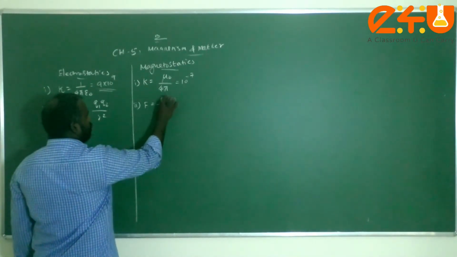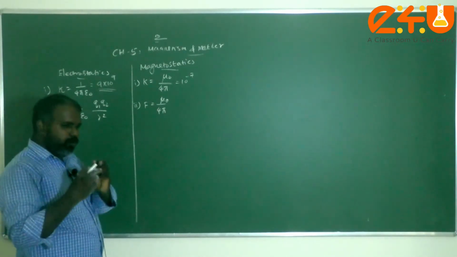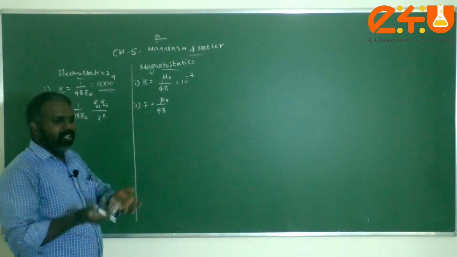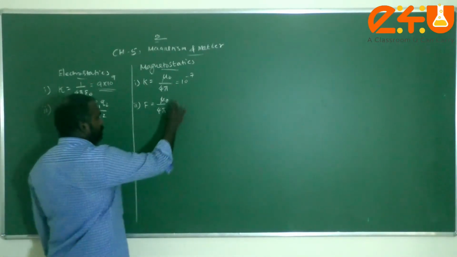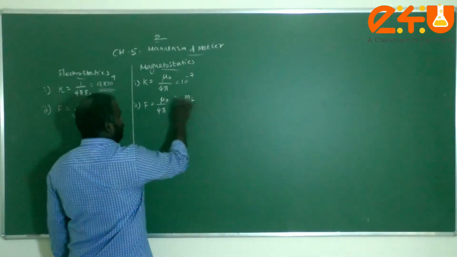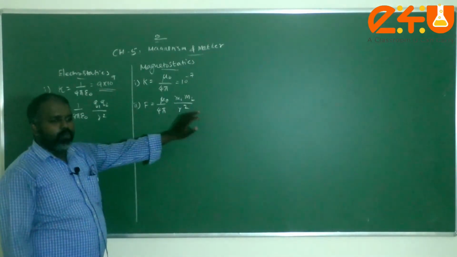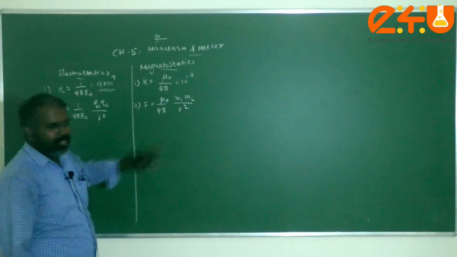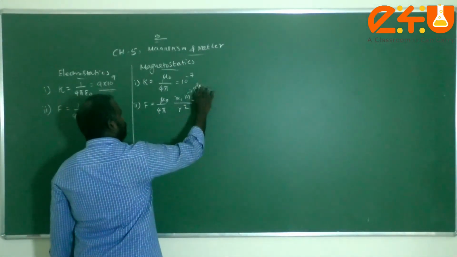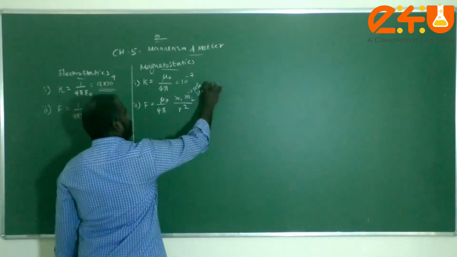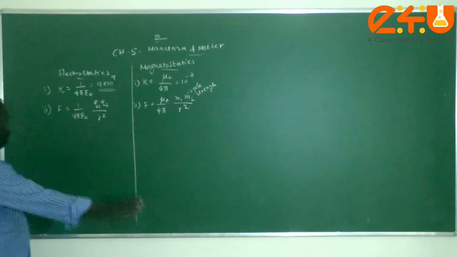Each magnetic pole has some pole strength, so I can say M1 M2 divided by R square, where M1 and M2 are pole strengths. Don't confuse them with masses. They are the pole strengths of the magnet or magnetic dipoles.